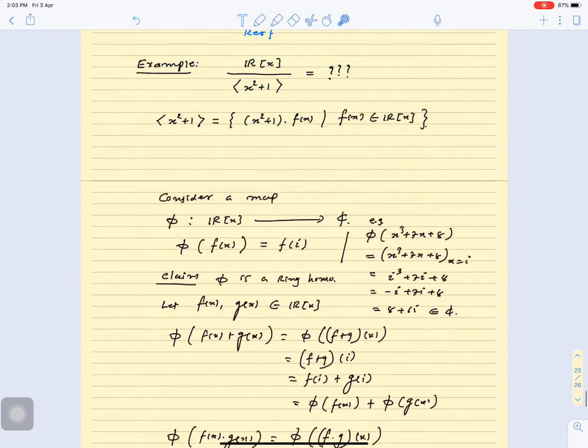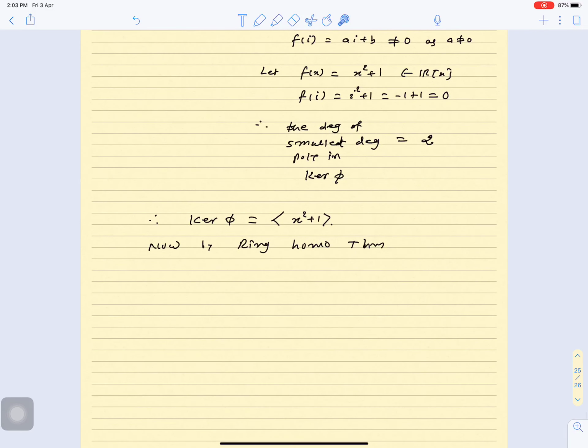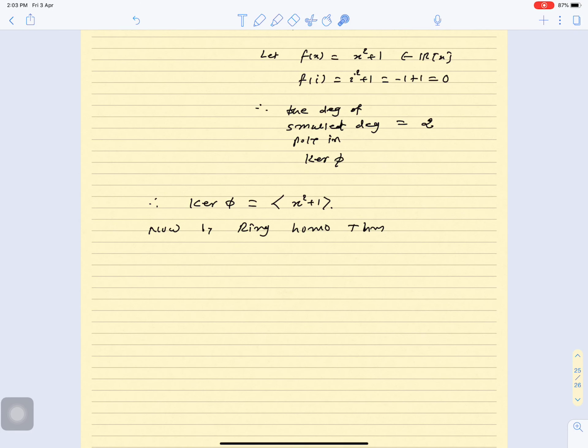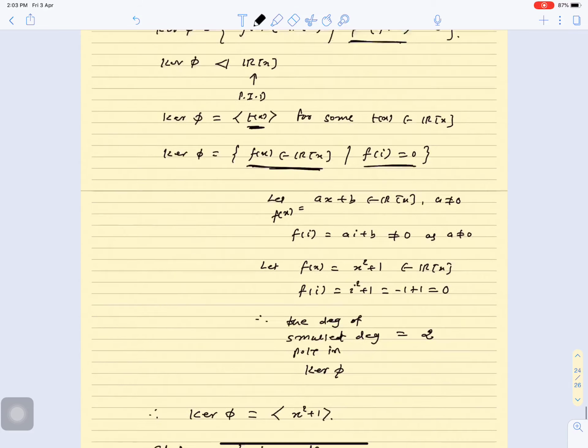Okay, before applying this theorem, let me prove one thing. Now second claim, phi is onto. So for that, what we have to consider?